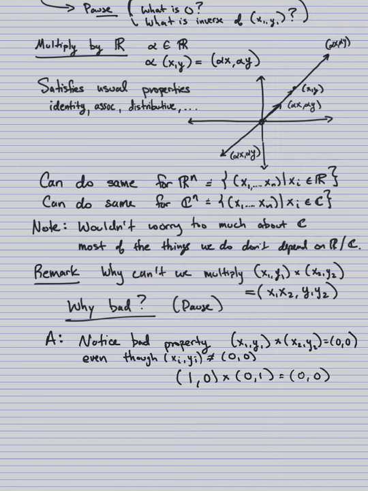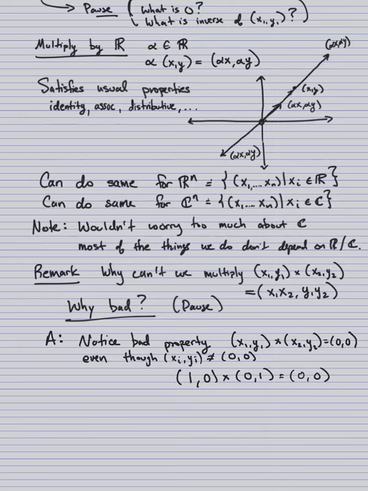This is a bad property for multiplication to have. It's not true for multiplication of the real numbers. It's an important feature of multiplication in the reals that if you multiply two non-zero real numbers together, you get a non-zero real number.